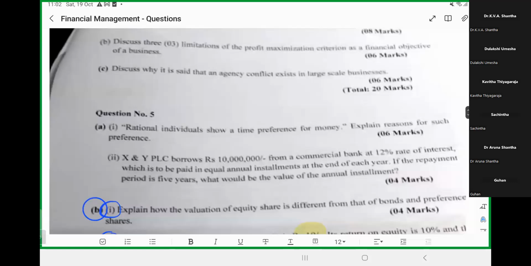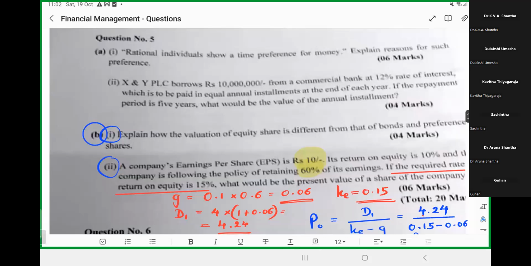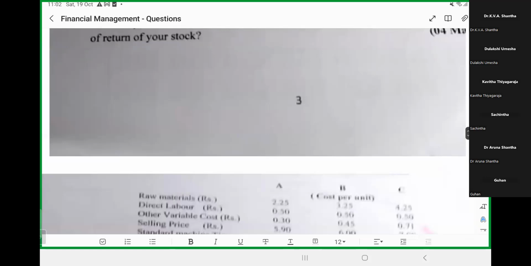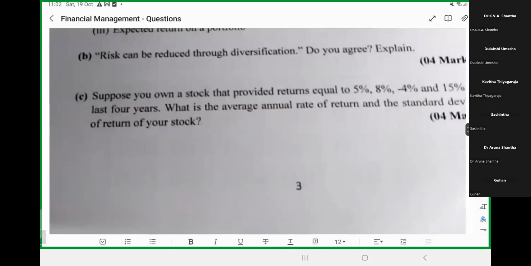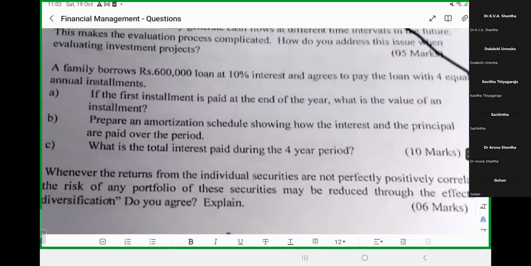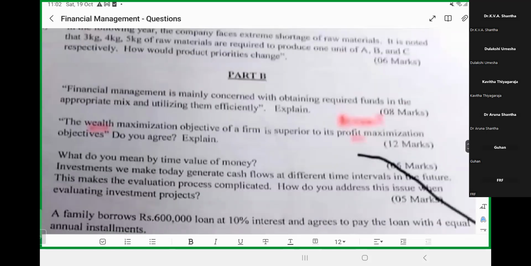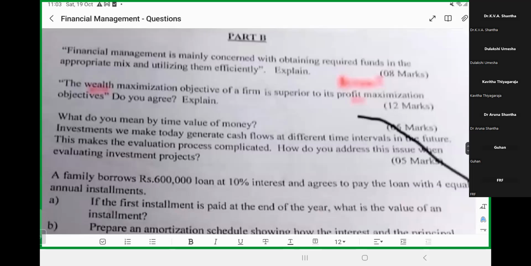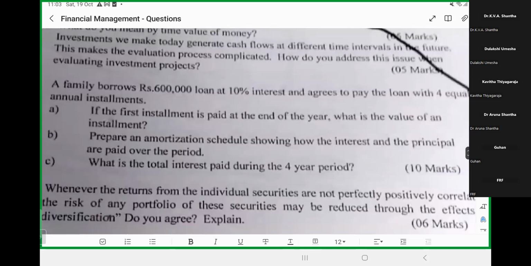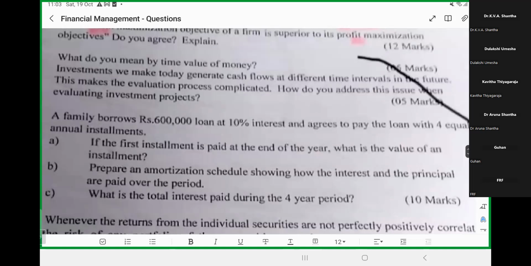So we'll do some practice questions on time value of money. Let's work out this question.